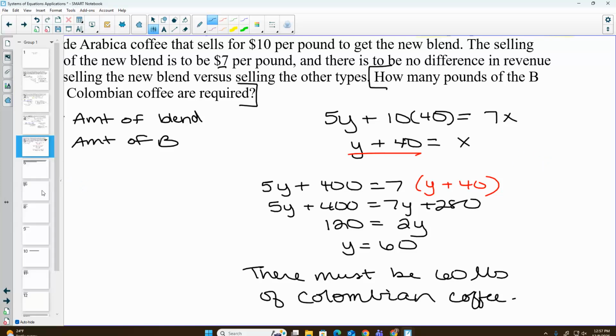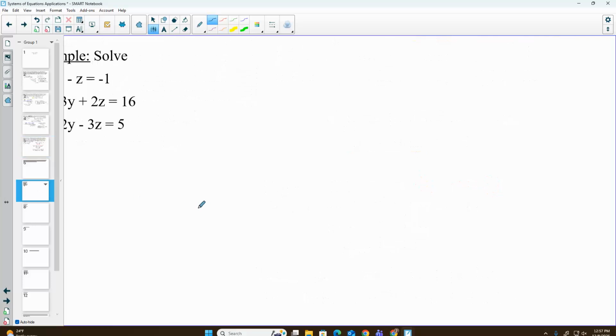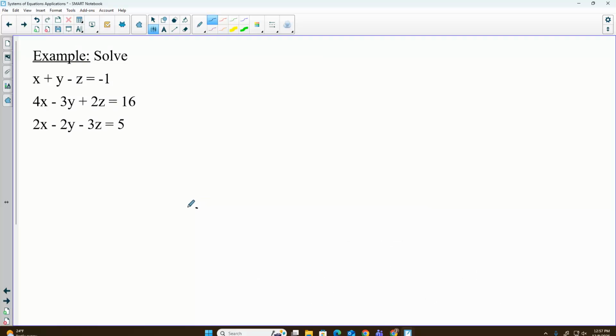What I'm going to do is actually switch over to this example. We may not do all of these, so I'm going to look at least a couple. So if you have more than two variables, in order to solve it, you have to have the same number of variables and equations.